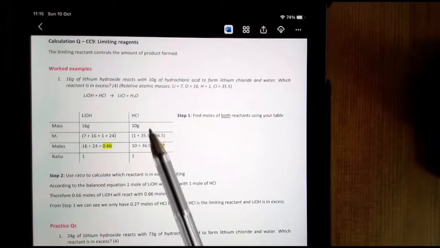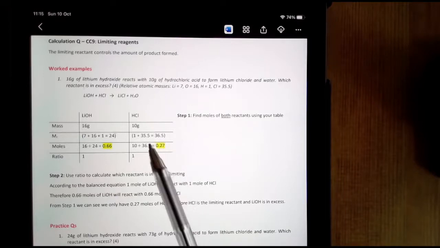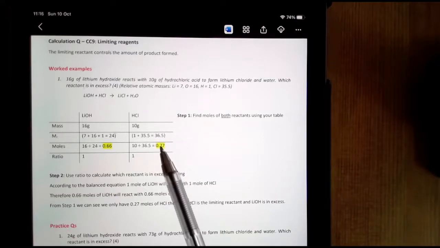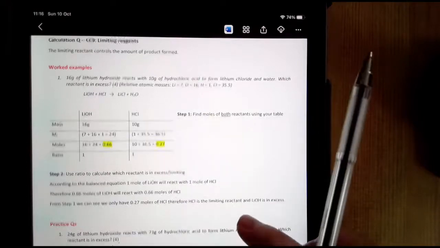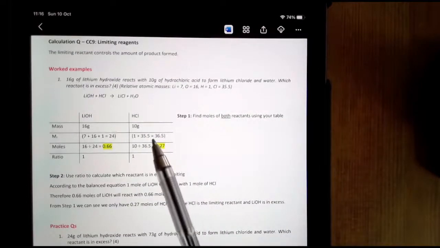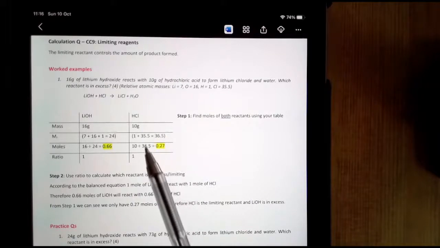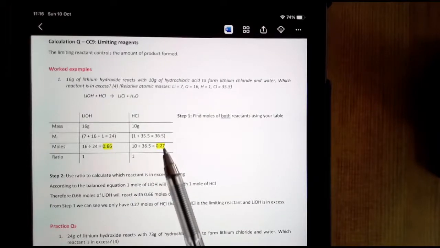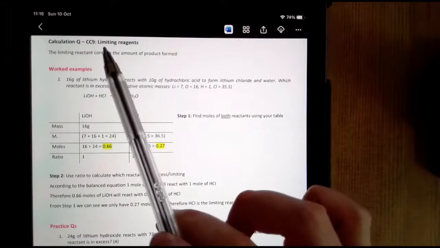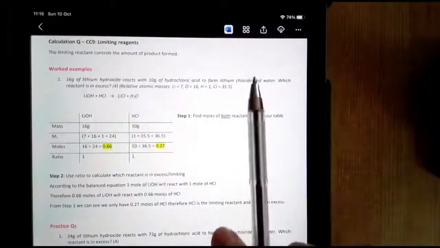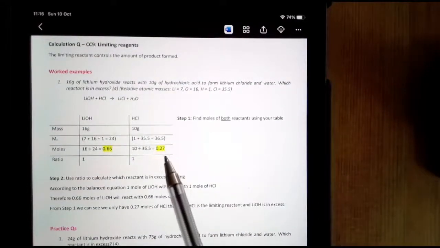You can see from the calculation that we've just done that you don't have 0.66. You've only got 0.27. You have got less HCl than you need. If you've got less HCl than you need, then you will say it's the limiting reagent. You could do this the other way around.